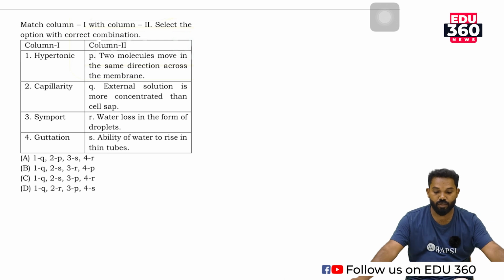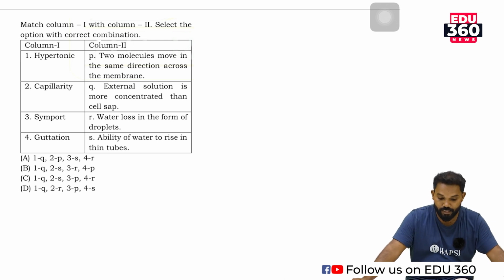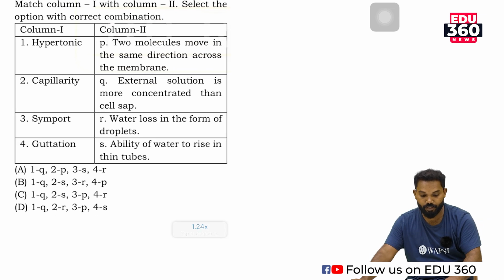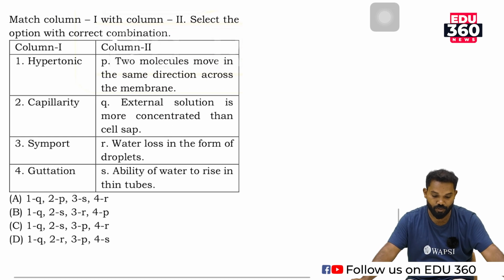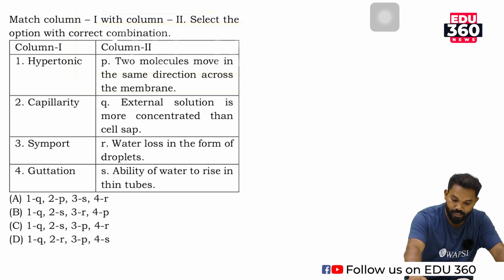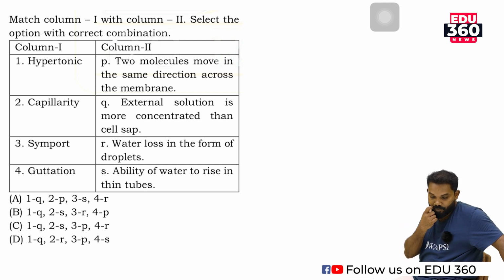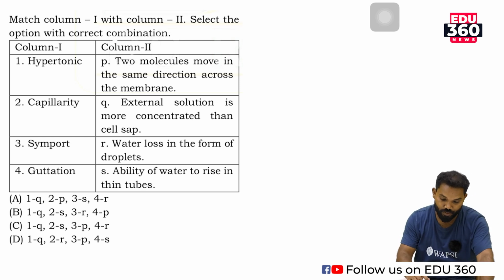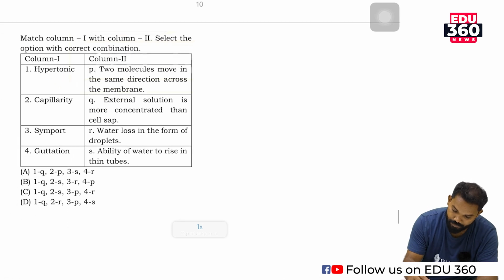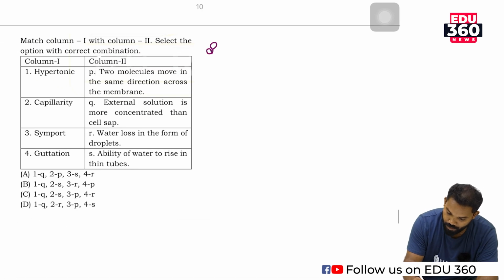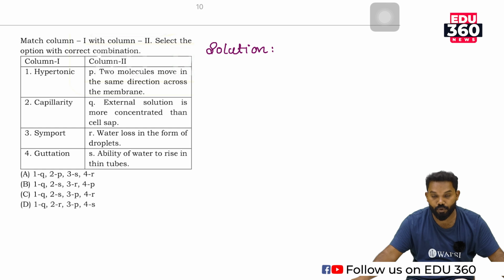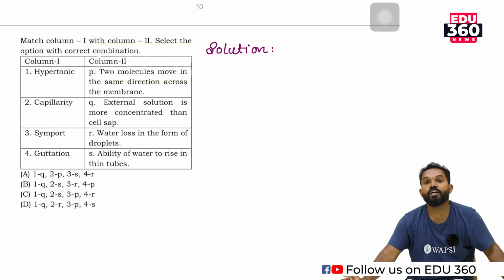Match column 1 with column 2, and select the option with the correct combination. These portions are coming from transport in plants, the first year chapter. Hypertonic, capillarity, symport, guttation. Hypertonic and hypotonic solution. A solution is said to be hypertonic or hypotonic based on the tonicity.